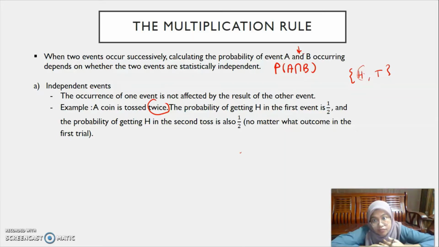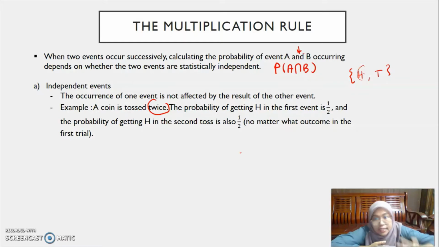For this example, we toss a coin twice. For the first time, let's say we get the head, H. The probability of getting H in the first event is 1/2.